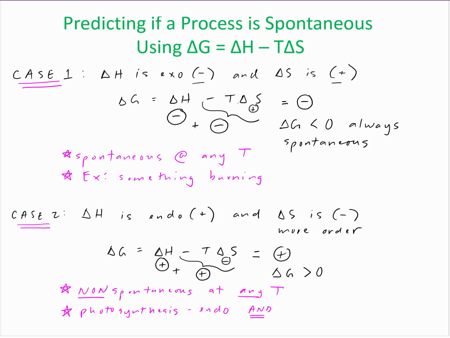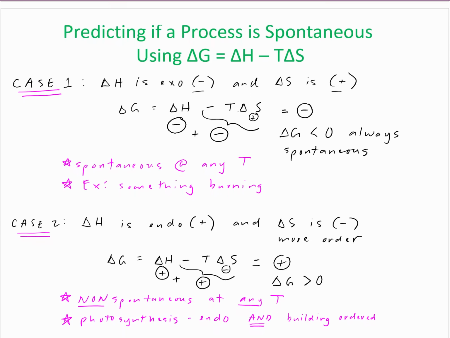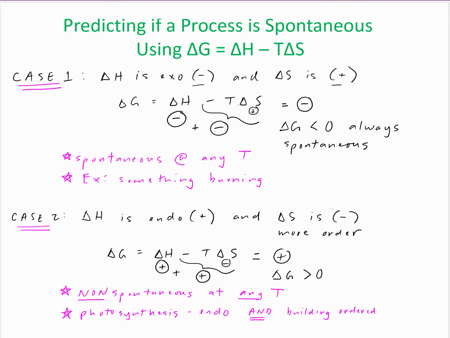So it's building ordered structures from simple molecules like CO2 and water from the ground. It's building highly complicated ordered molecules. Obviously photosynthesis needs an input of energy, and it gets it from the sun, of course.